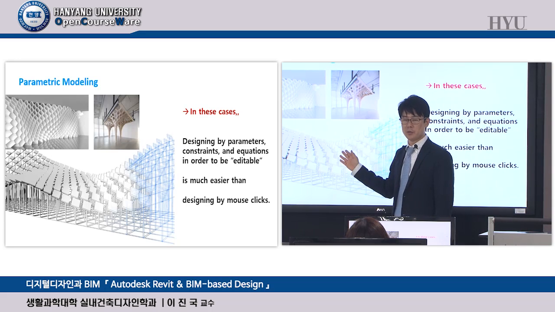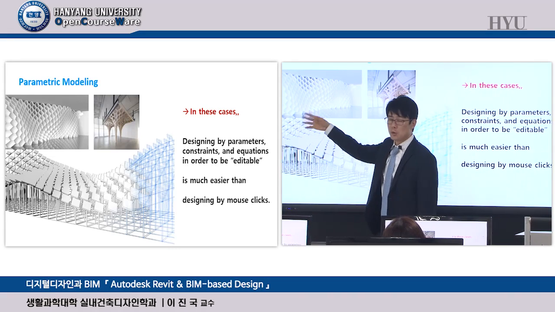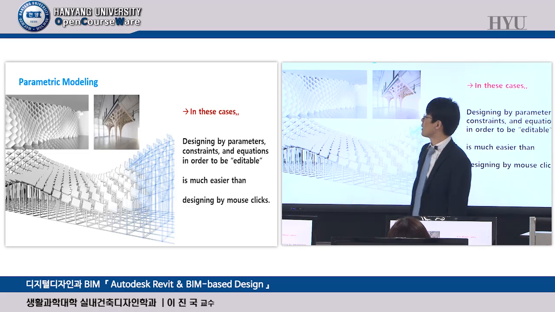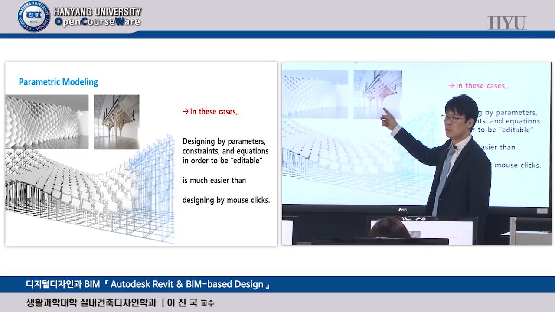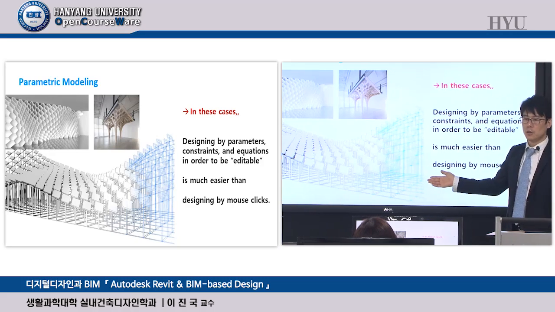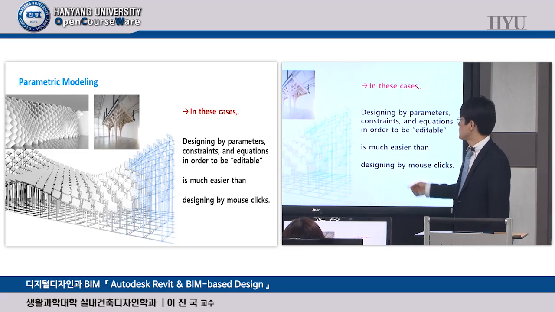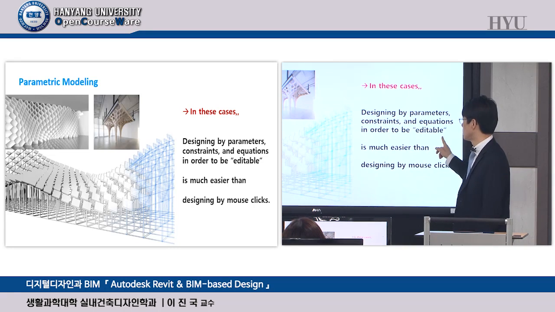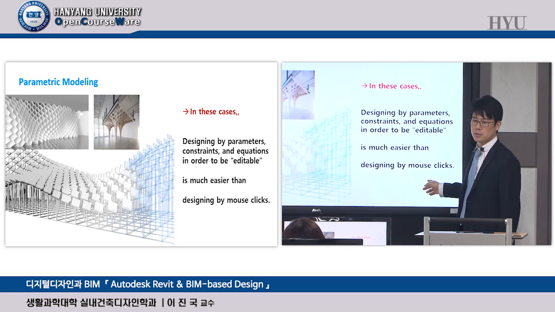If you change the parameters of this sine or cosine curve, or the dimension for this honeycomb shape or something else, whatever, you can recreate that one and redefine this geometry anytime. So designing by parameters, constraints, and equations in order to be editable is much easier than designing by mouse clicks, okay?